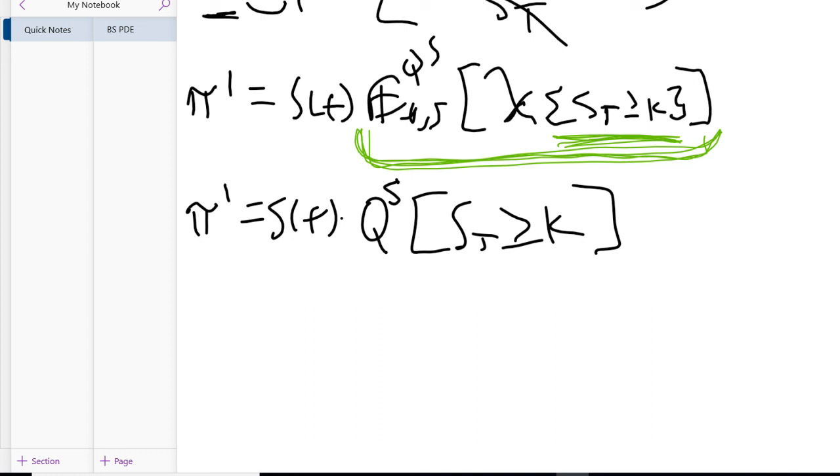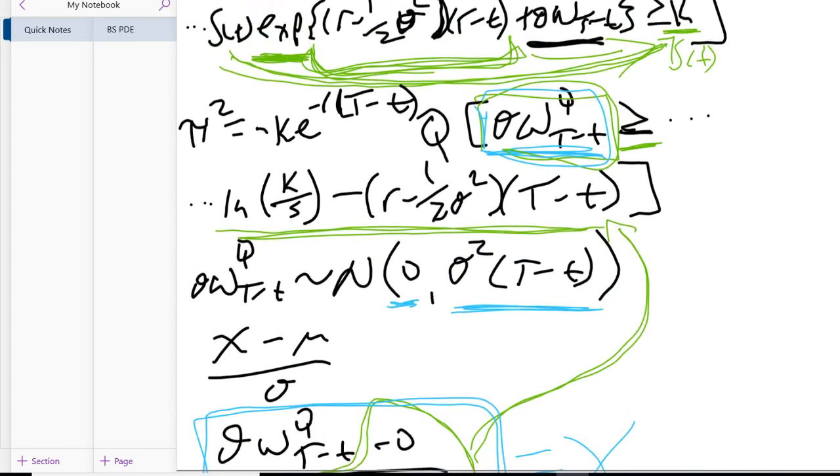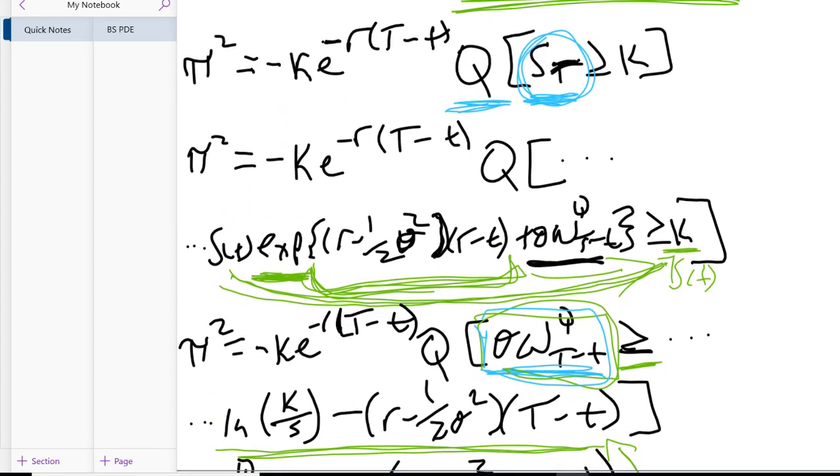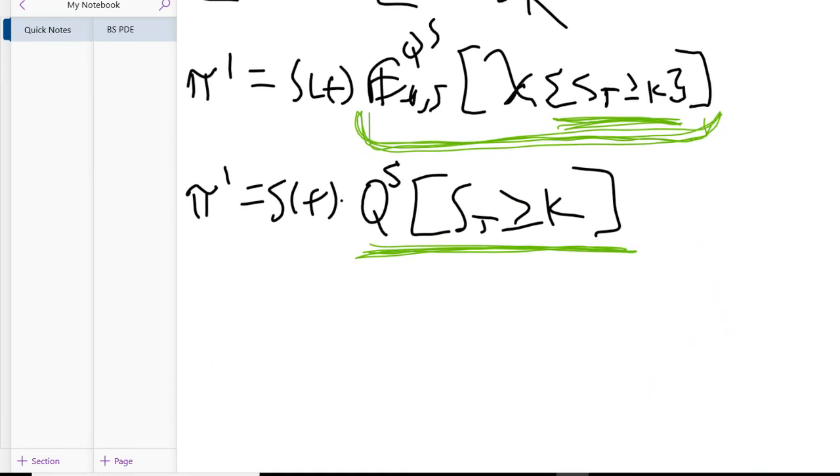So this we saw before with one difference. Up here we had the same idea but with a Q probability. This is just the QS probability. What does that mean? It means that the dynamics of S are now under QS.